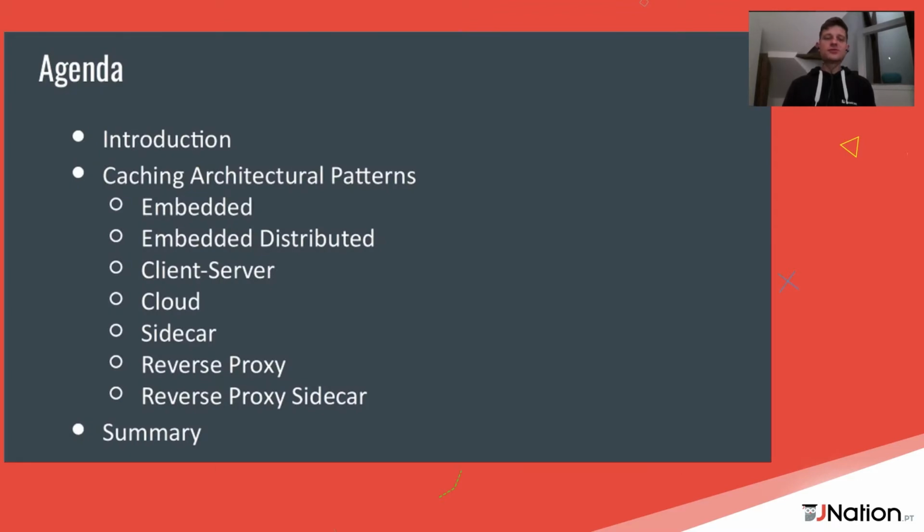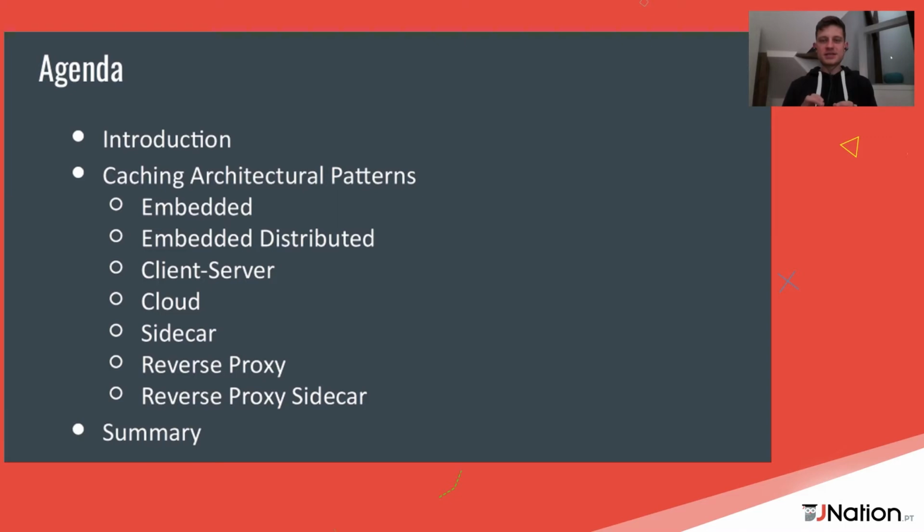Our agenda for today is pretty simple. There will be a very short introduction about caching in general, and then we will walk through all possible caching patterns that you can use in your system. While I'm talking, I would like you to think about two things.